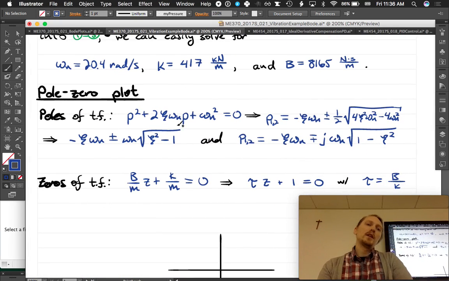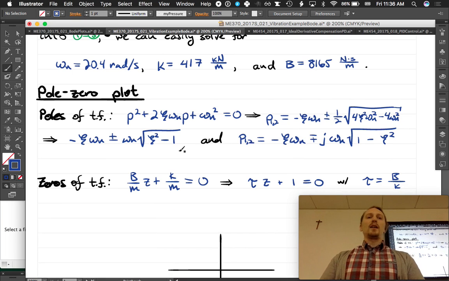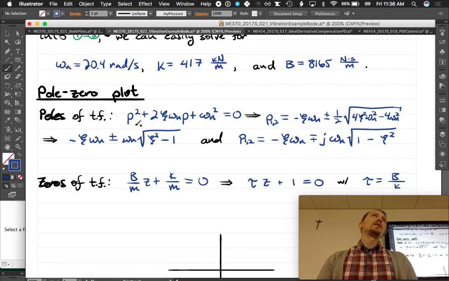So the pole-zero plot. Poles of the transfer function are, so we just take the denominator. I just did it in standard form. I just used the zeta omega n definitions because we have zeta and omega n. Thought I would just do this out. And I solved just using the quadratic formula and found that this is the pole location.